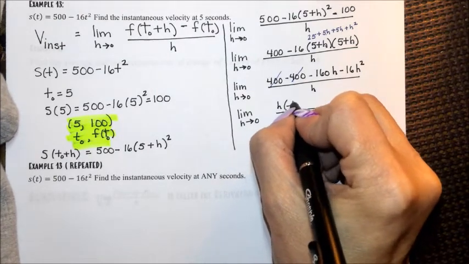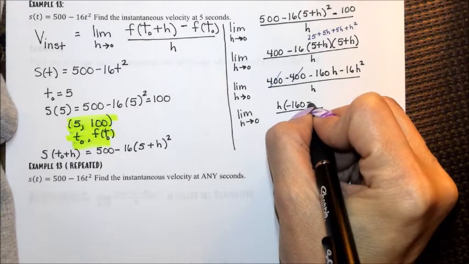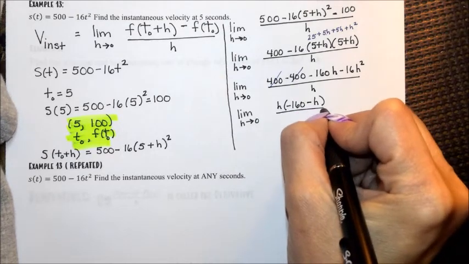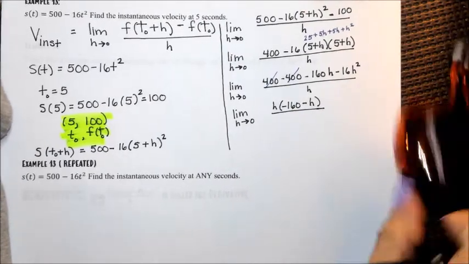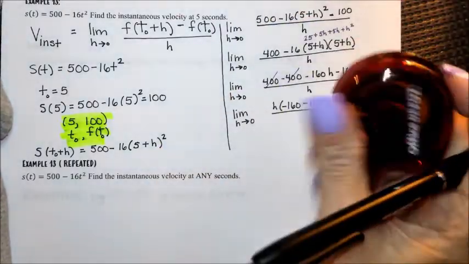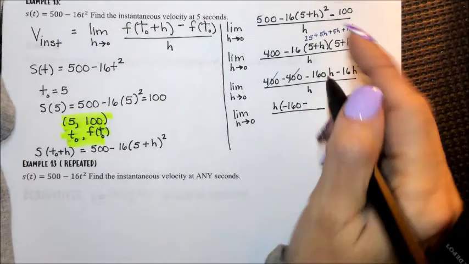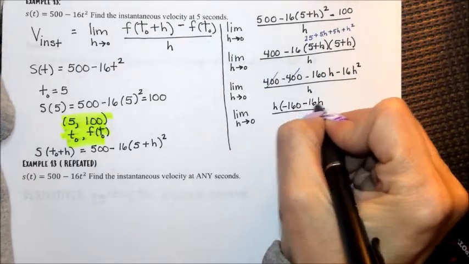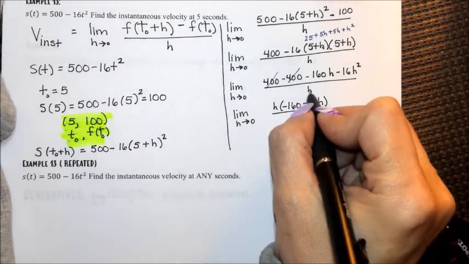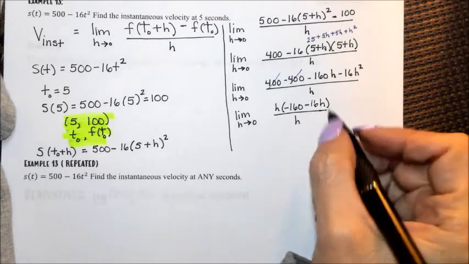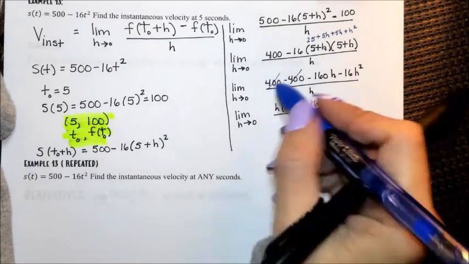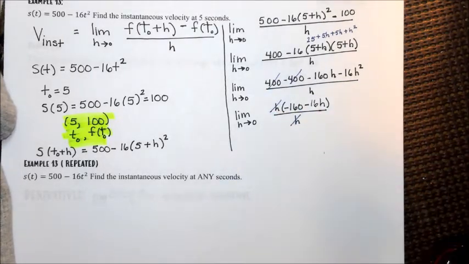And when I do, I have negative 160 minus 16h left, all over that h right there. Lo and behold, h and h cancel.